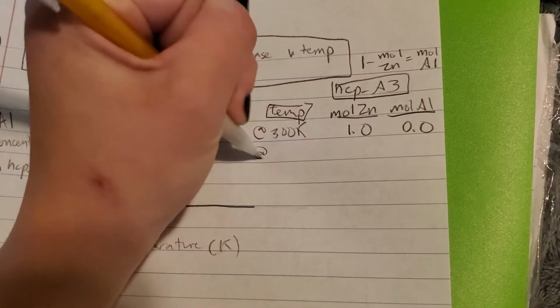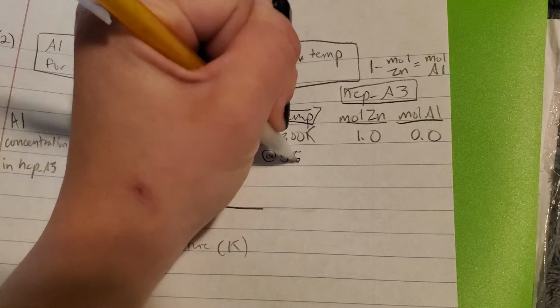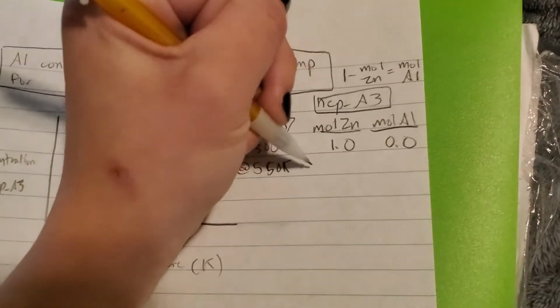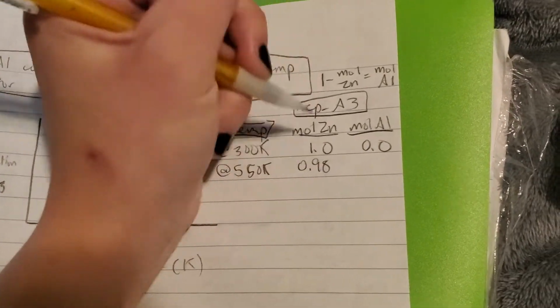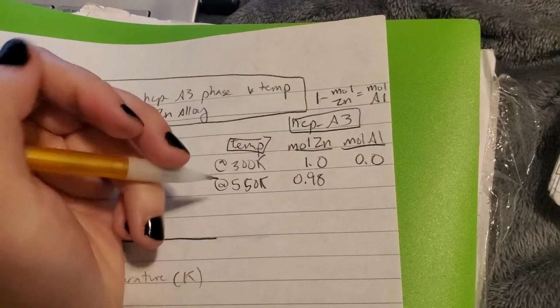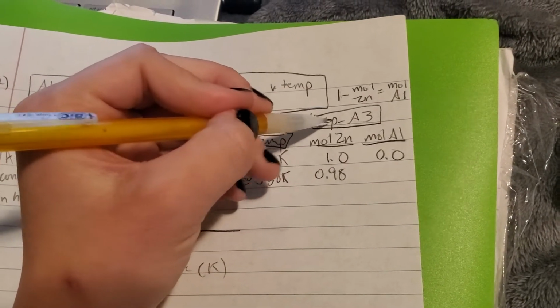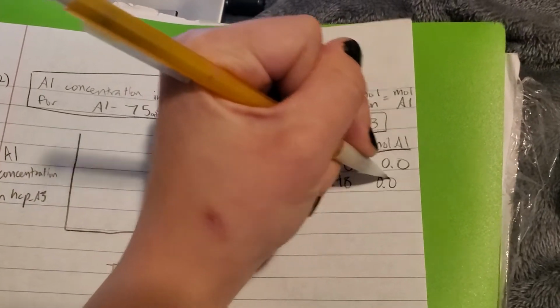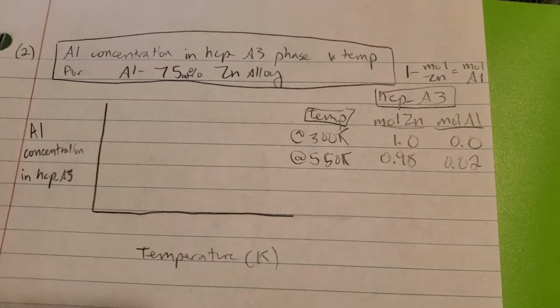So at 550 Kelvin, moles of zinc, 0.98, and then using this equation, you can get the moles of Al in your phase of HCP-A3. So you have 0.02 for that.